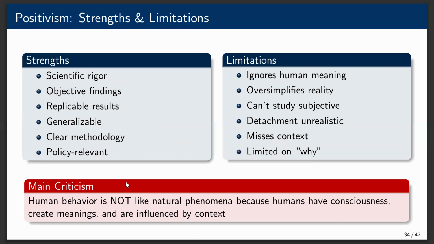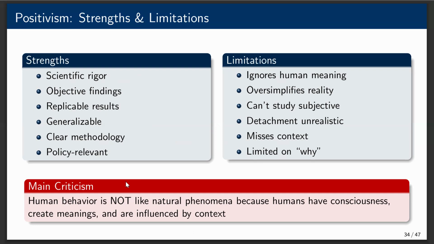Now, what are the strengths and limitations of positivism? Strengths: scientific rigor is maintained, objective findings, replicable results, generalizable, clear methodology, and it is policy relevant. Then what are the limitations?